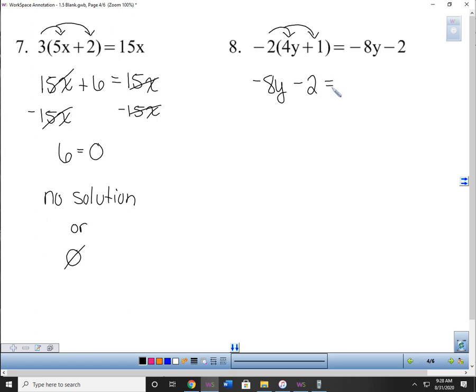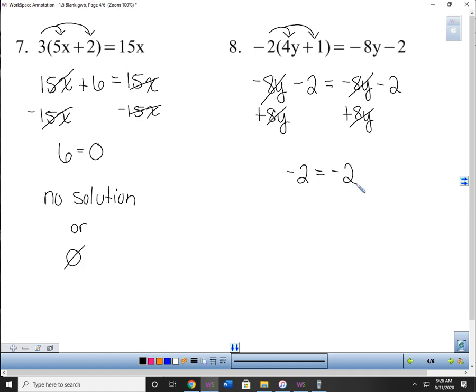And then that's equal to this side, which I don't have anything I can do with this. So I'm going to go ahead and get my y's together. So I'm going to add 8y over here and add 8y over here. And what happens is they both cancel out. So all I have left is negative 2 equals negative 2.